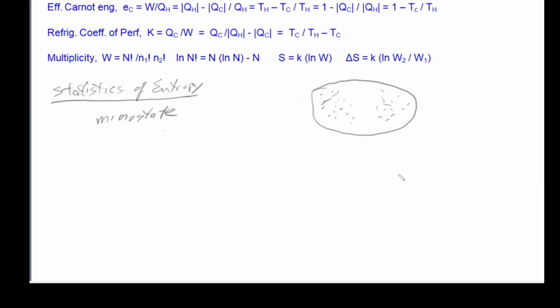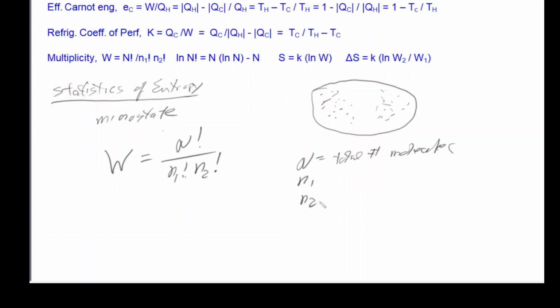So the number of microstates that are possible, the configurations of each individual molecule that are possible in that container, is given by W equals n factorial over n1 factorial times n2 factorial, where n is equal to the total number of molecules in the container, and n1 and n2 is equal to the number of molecules in each half of the container.